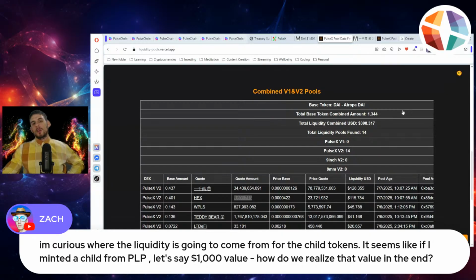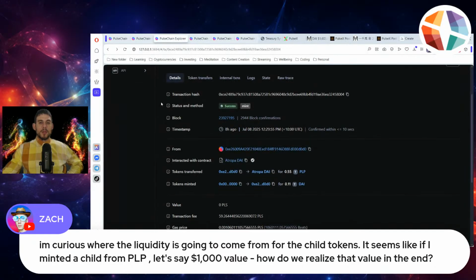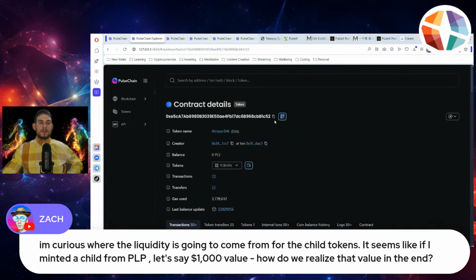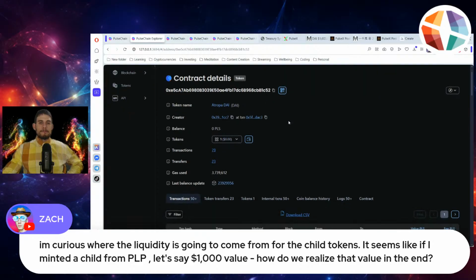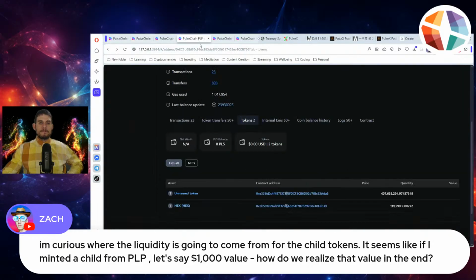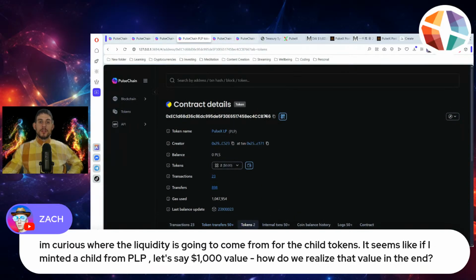The PLP tokens can be traded too, just FYI. So, for example, which one was it? Which was the PLP? Yeah, just very simply like that, Zach.